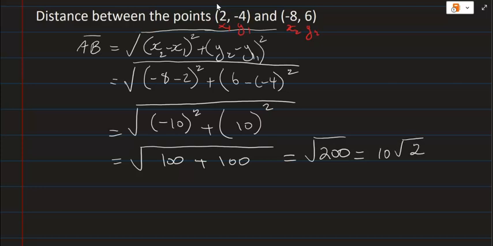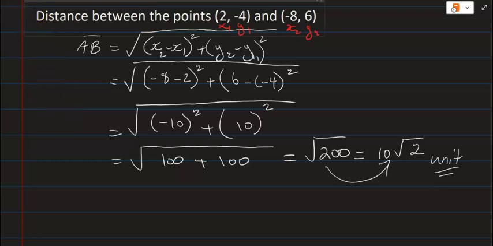I'm hoping that you remember how we got from the square root of 200 to 10 root 2. All right, so that's the distance between the two coordinates in whatever unit that you want to measure in. I left the unit alone there, but that's how you find the distance between the 2 points.